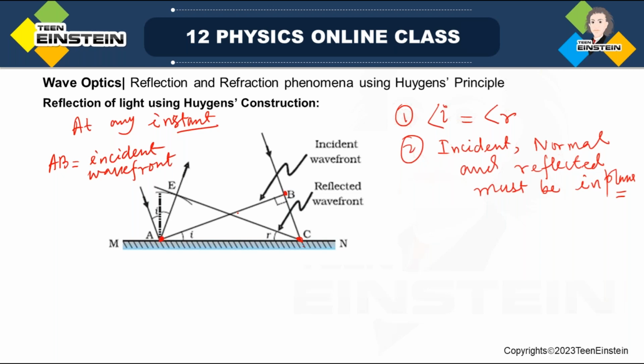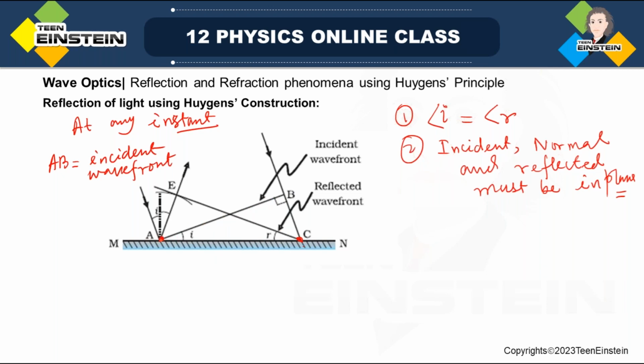See, on this AB wavefront there are points A, B, and C, and many intermediate points. Each point on the wavefront will produce secondary wavelets, as we have seen, and that's why these sources are also called secondary sources.